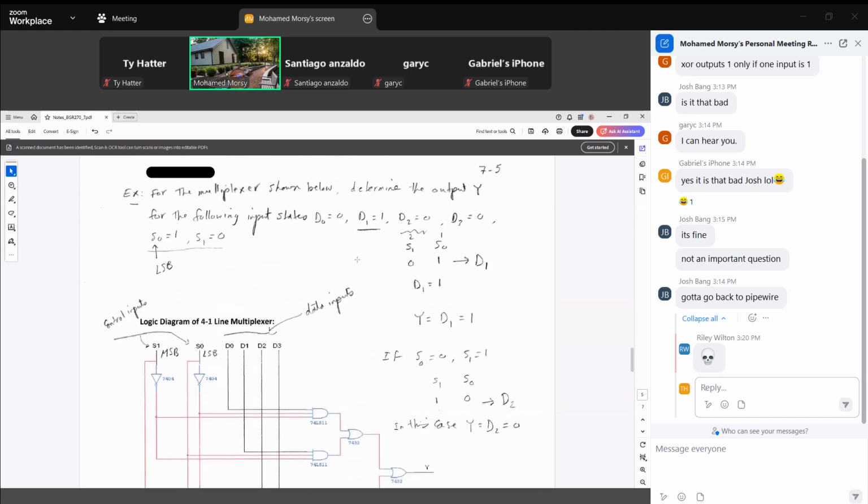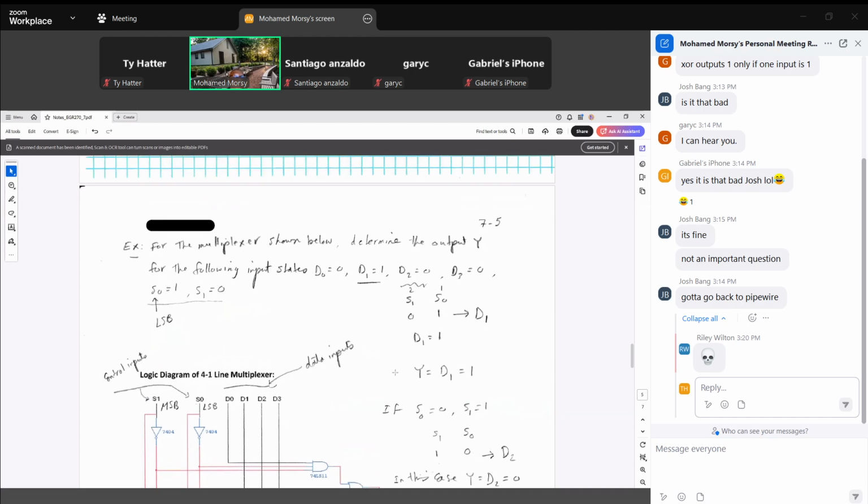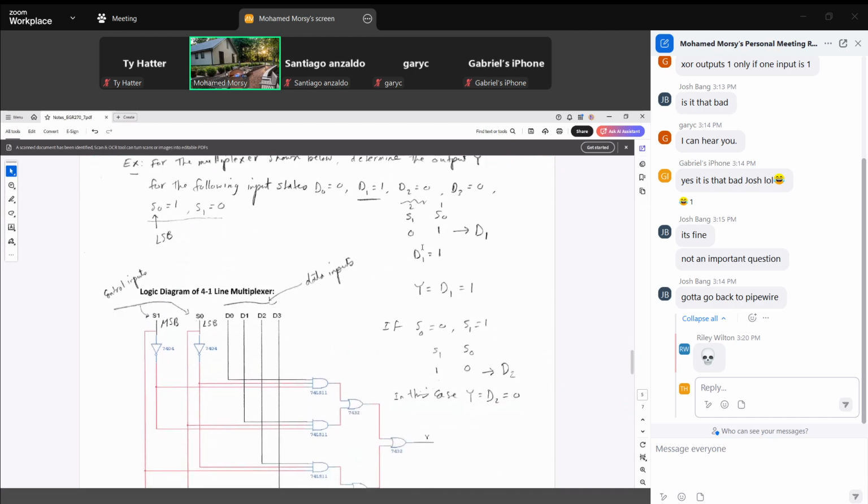So for this example, we have the input data D0, D1, D2, D3 given, and S0 is 1 and S1 is 0. So what is the output? S0 is 1 and S1 is 0, so this means 1, 0, corresponding to decimal number 1.